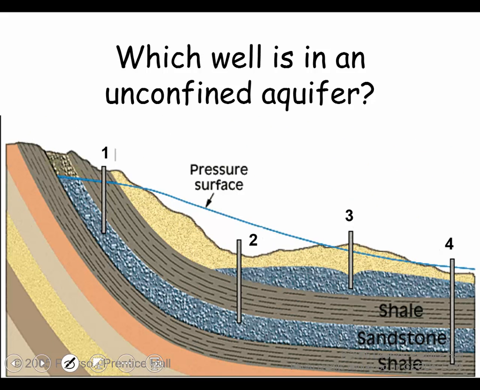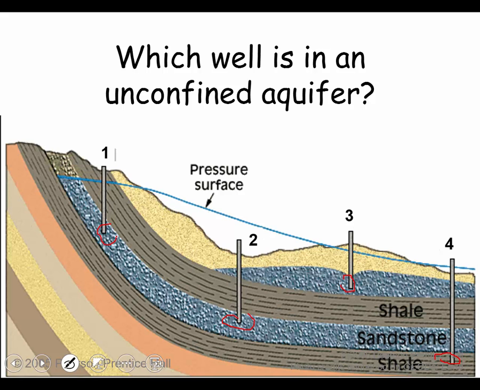Okay, so let's look at 4 different wells. Well 1 is sitting in this aquifer. Here's well 2, well 3, and well 4. Assume for each of these that only the very base of the well is slotted. So which well is in an unconfined aquifer?